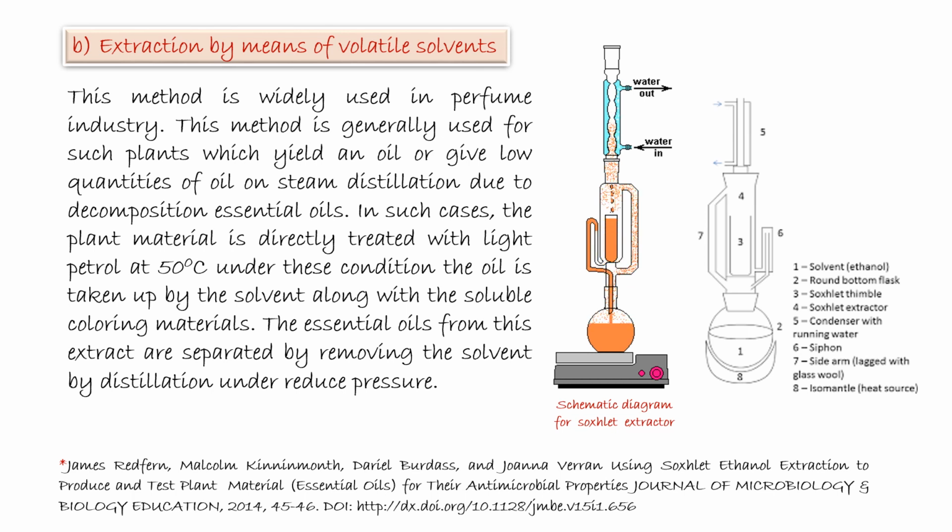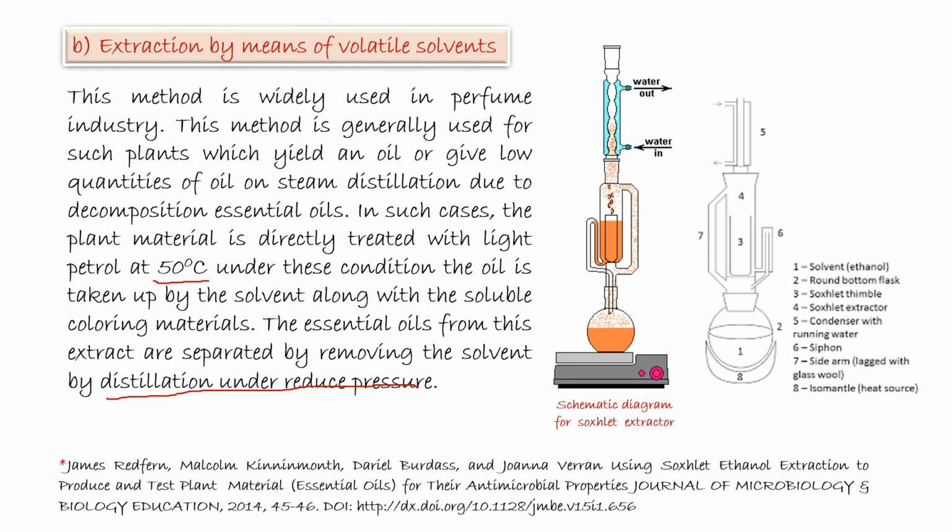In such cases, the plant material is directly treated with light petrol at 50 degrees Celsius. Under these conditions, the oil is taken up by the solvent along with the soluble coloring materials. The essential oils from this extract are separated by removing the solvent by distillation under reduced pressure.